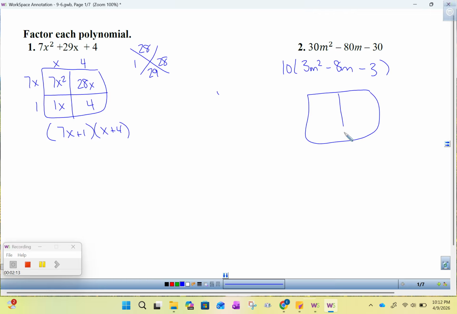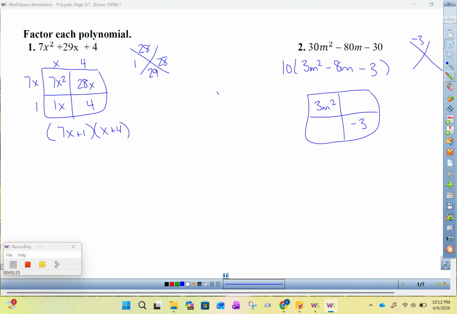So setting it up here, I've got 3m squared and negative 3 here. I'm going to multiply those two numbers to get negative 9, and I'm looking for the factors of negative 9 that add to be negative 8. The only factors of 9 are 1 and 9, or 3 and 3.